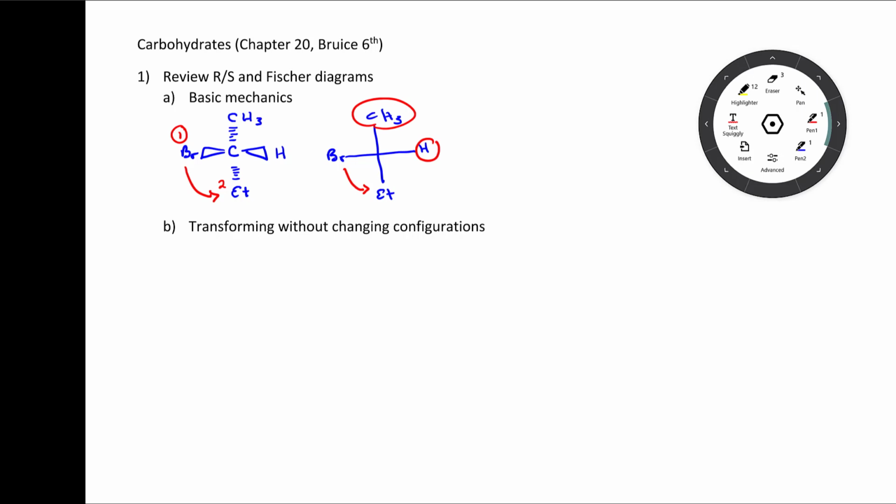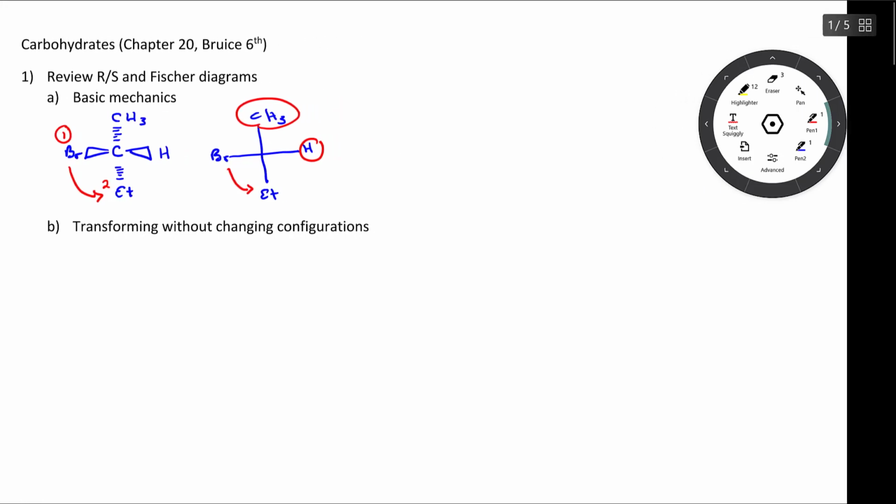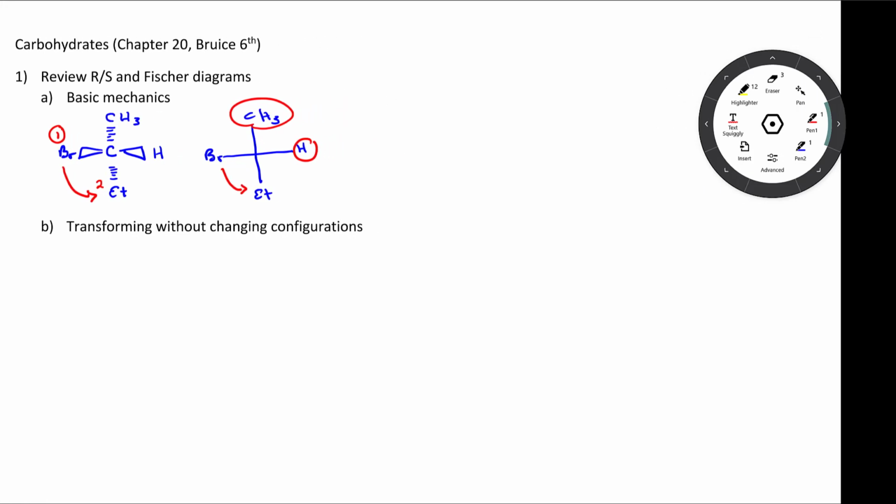So this is the same method that we use for assigning configurations for various kinds of chiral centers in, I think, chapter 5 or 6. Now, when we're talking about carbohydrates, the types of structures you'll see a lot of, here's just another real quick example, are these.